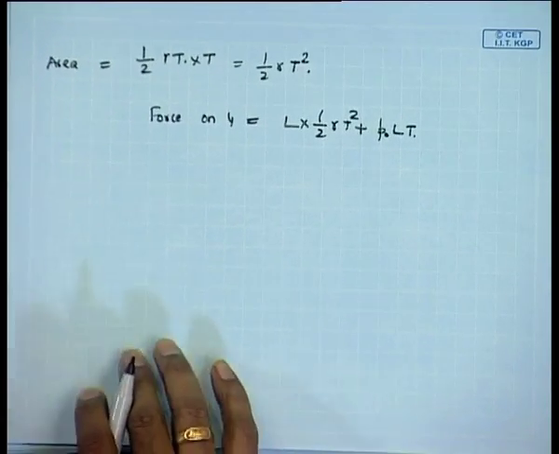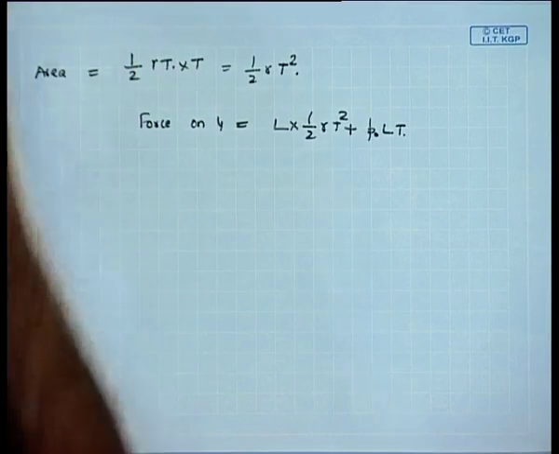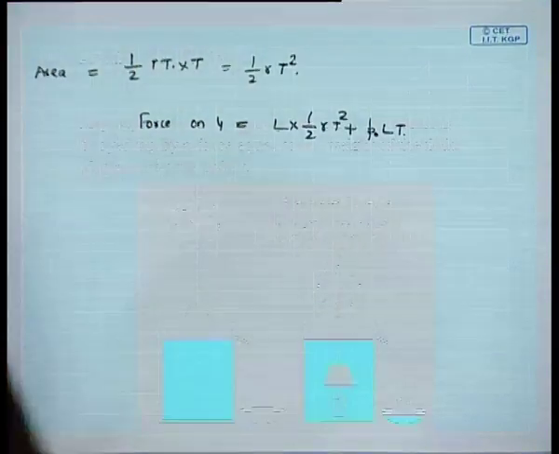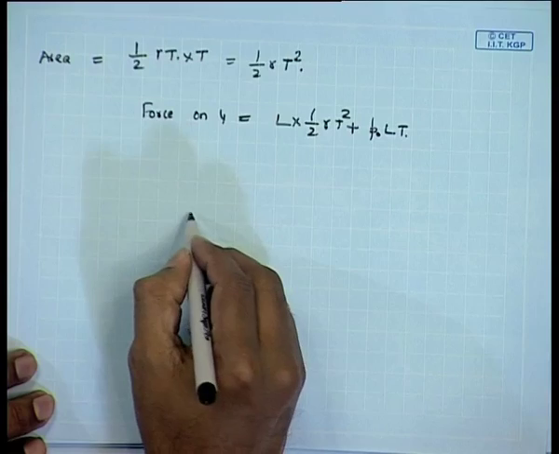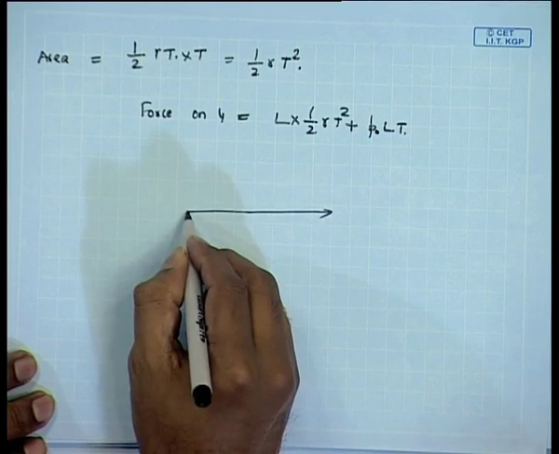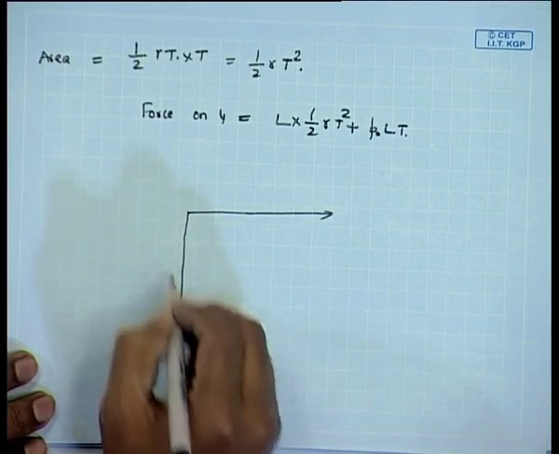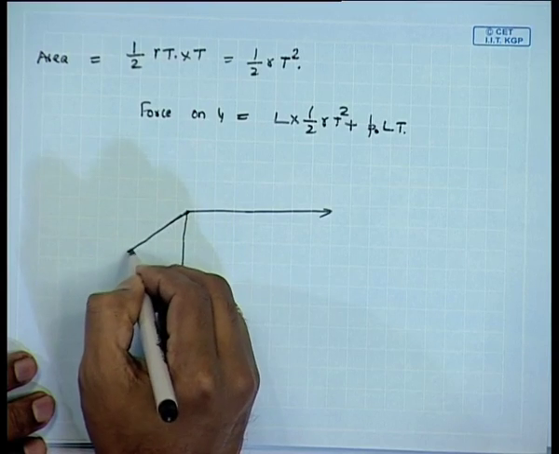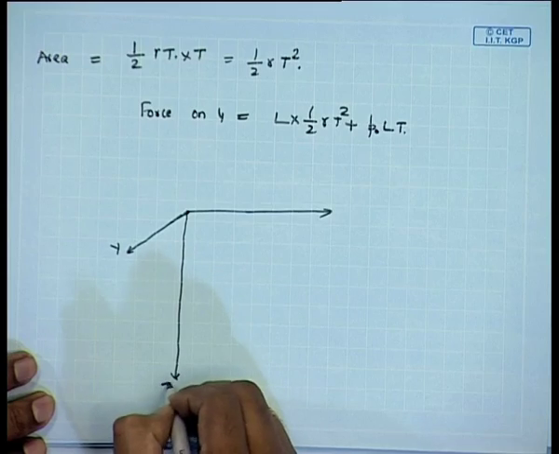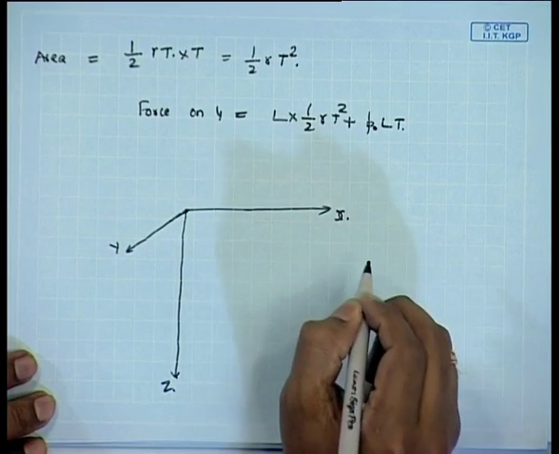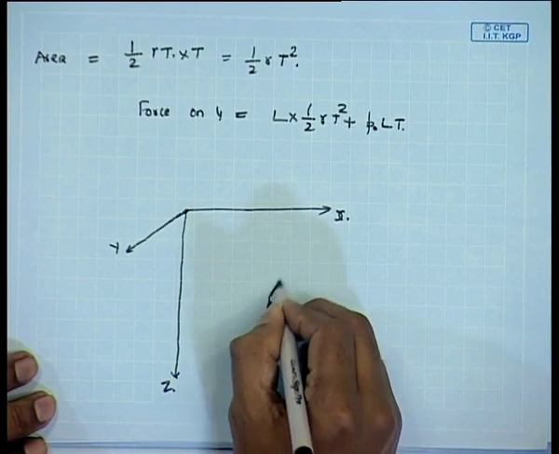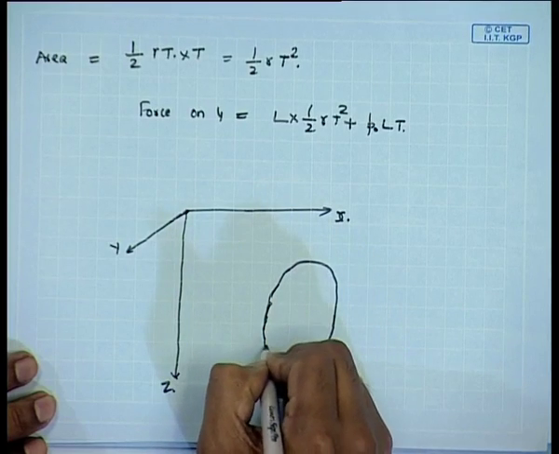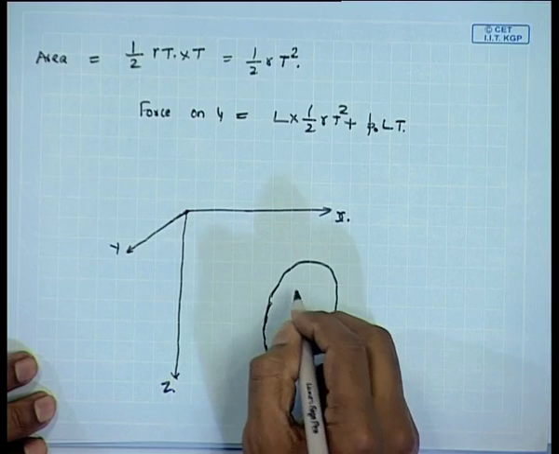Okay. Then we can look at the general case. Let us assume we have a coordinate system like this, Y, Z, X. Suppose you have a body that is immersed in the liquid.